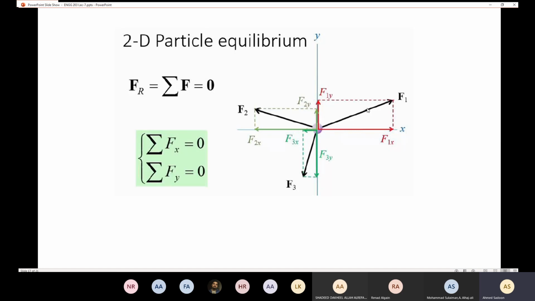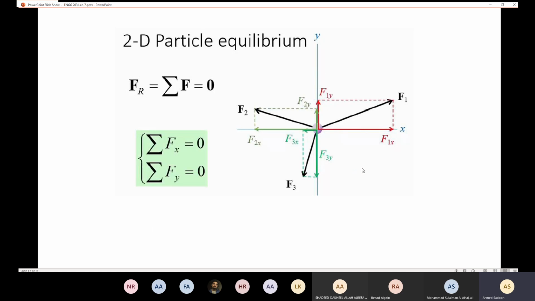If you have many forces acting on a particle, first I need to decompose them into x and into y, like we learned previously. Then we are going to say that the summation of the forces in x should equal 0 because the particle is in equilibrium. And also the summation of the forces in y direction should equal 0 because the particle is in equilibrium. And we are going to use that equation in order to solve problems like that.